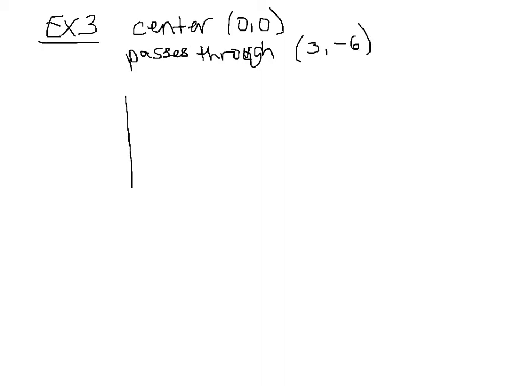So if we go ahead and start graphing this, our center here is at (0, 0). It goes to the point 1, 2, 3, then 1, 2, 3, 4, 5, 6. It goes to the point (3, −6). So we know that this line that connects these is equal to my radius.